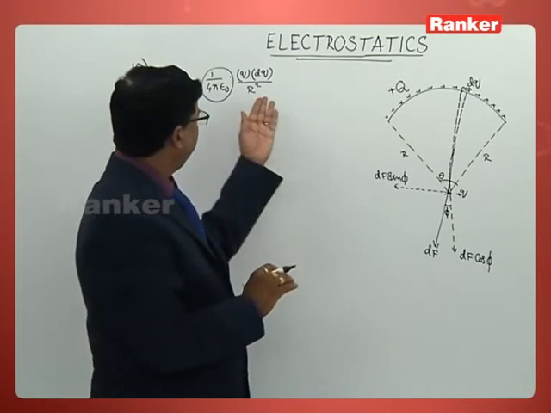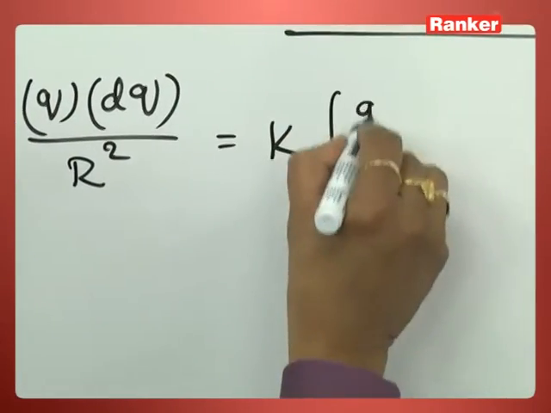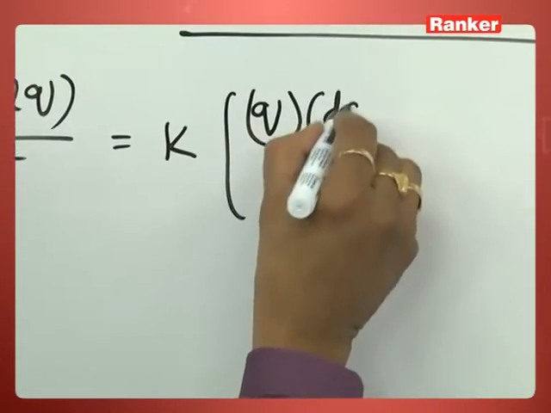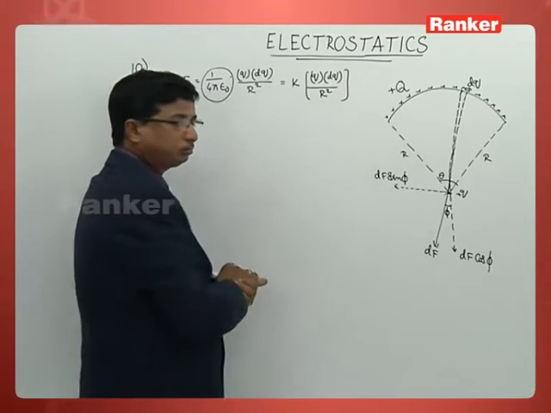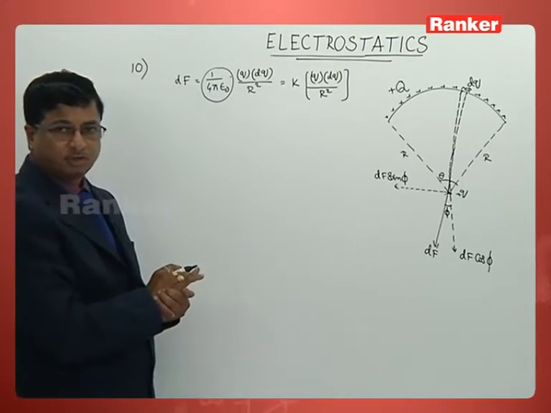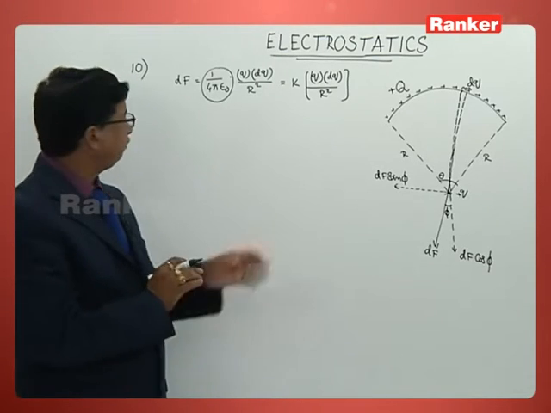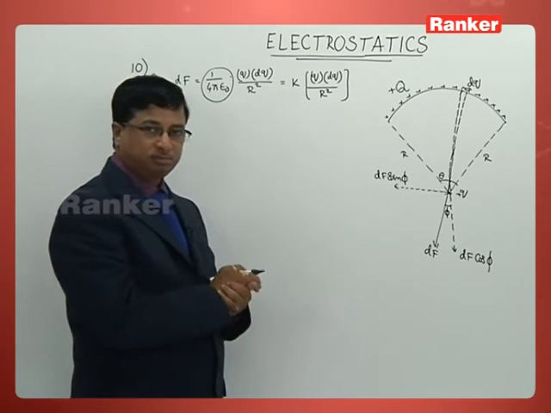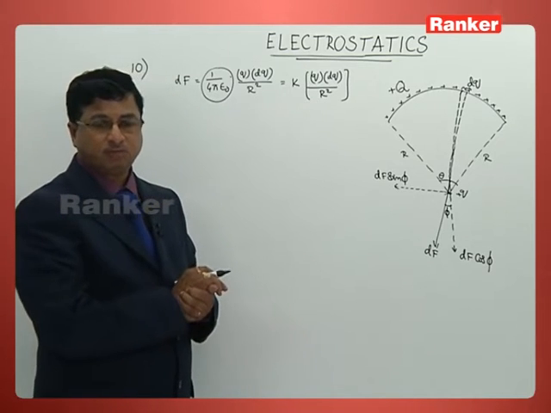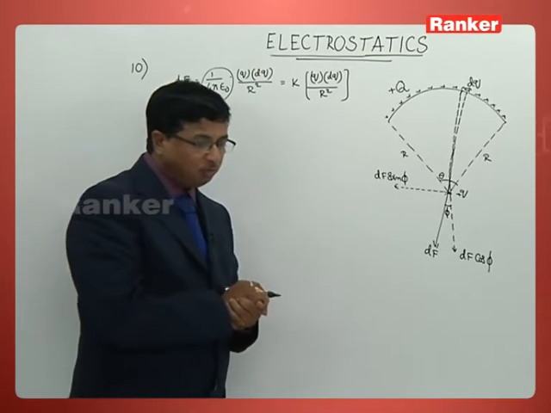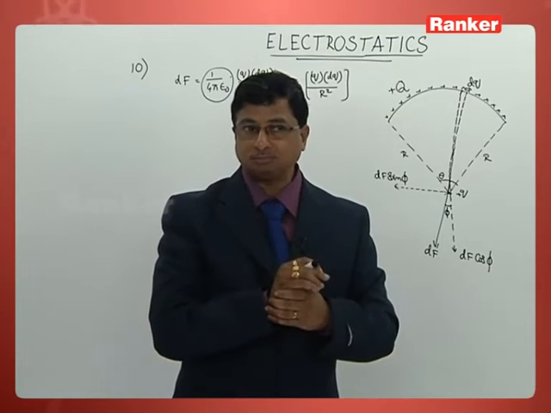So let us write that k as it is. It can be taken k into q into dq by r square. That is the equation we have for the force over here first. Now the question next, if you just look at how to calculate the value of dq there. That's the point.